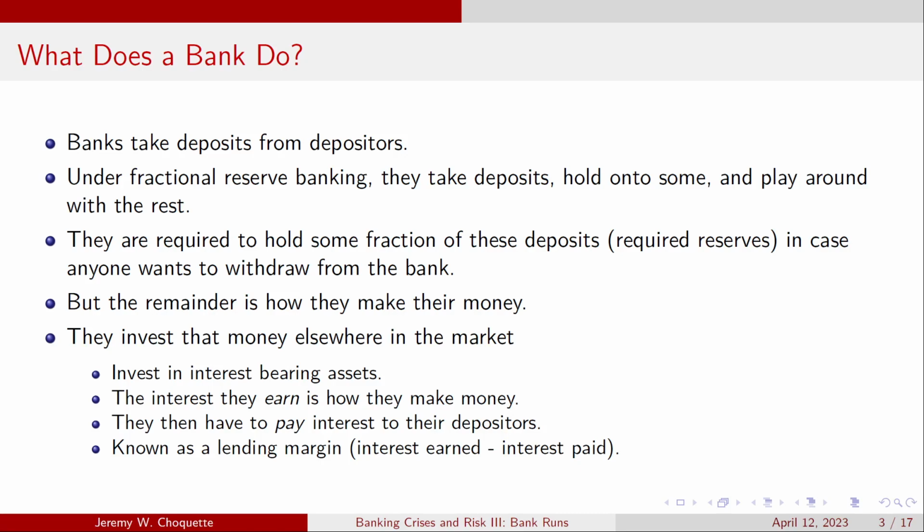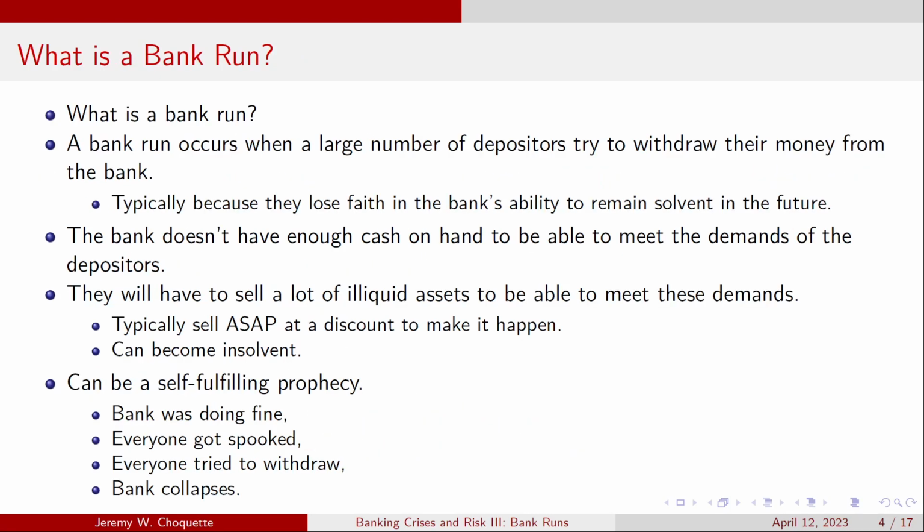Now, they do have to pay interest to their depositors, and this is what's known as a lending margin, where you have the difference between the interest that's earned and the interest paid. Think of it as like profit, right? Total revenue minus total cost. So those lending margins are where the bank's money that they earn actually comes from.